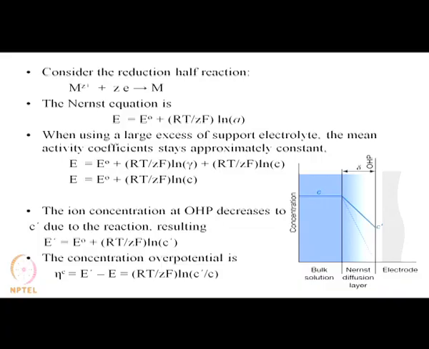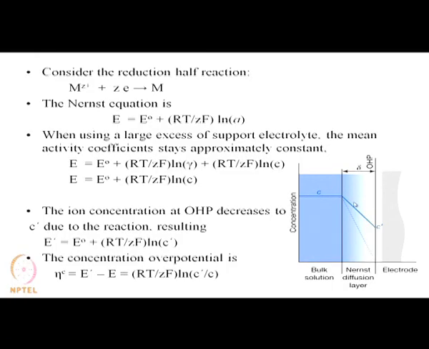Therefore, your E is now converted to E prime because of the change in concentration. This is your outer Helmholtz plane, this is your bulk solution, this is your electrode. This value has reduced because of the reaction. Actually, at the electrode it should be 0, but suppose it is reduced to here, then E becomes E prime. So, E prime is equal to E0 plus RT by ZF ln C prime.